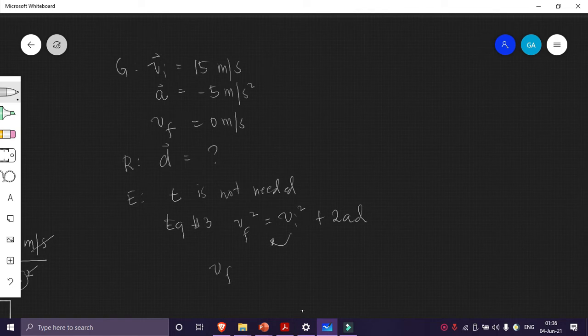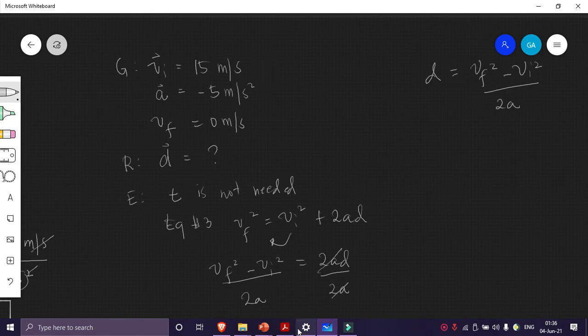So, VF squared minus VI squared equals 2AD. Then, divide both sides by 2A para matira na lang si D. Cancel this, cancel this. So, this will become D equals VF squared minus VI squared over 2A.